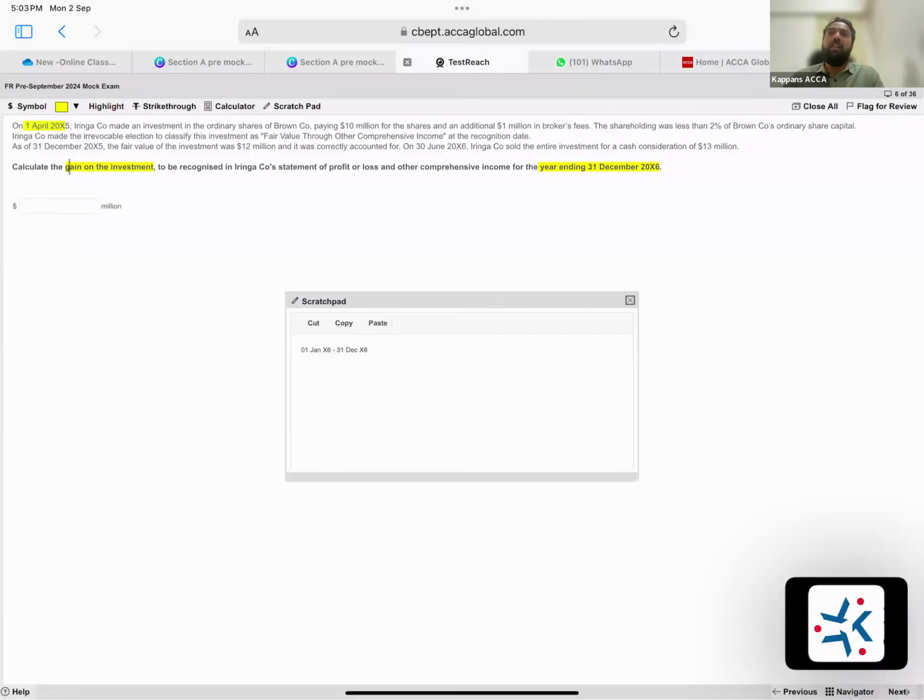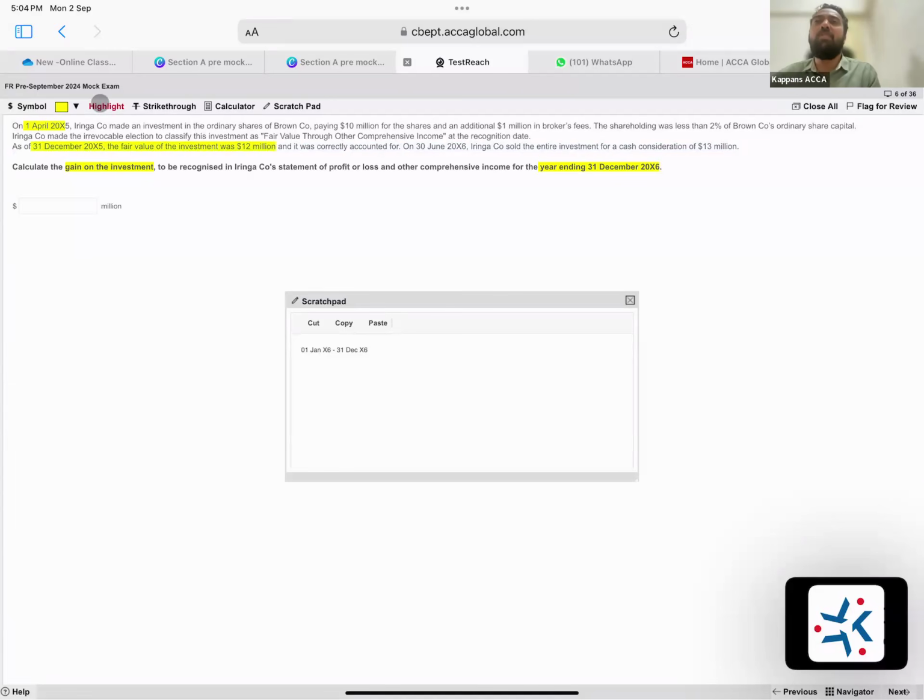Continuing that, IRINGA made irrevocable election to classify investment as fair value through other comprehensive income. At 31st December X5, the fair value of investment was 12 million and it was correctly accounted. So 31st December X5, the fair value is 12 million.